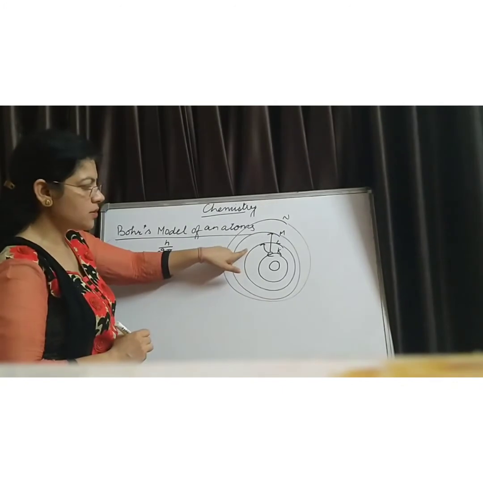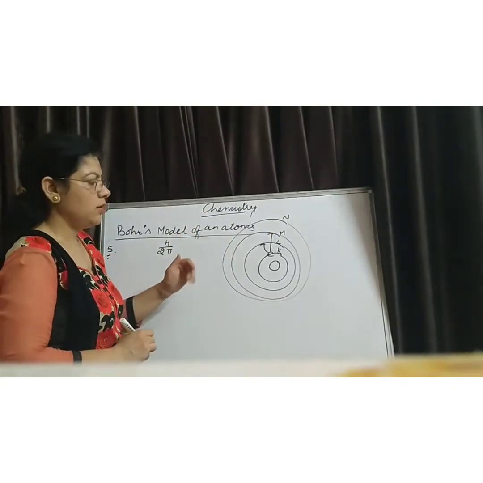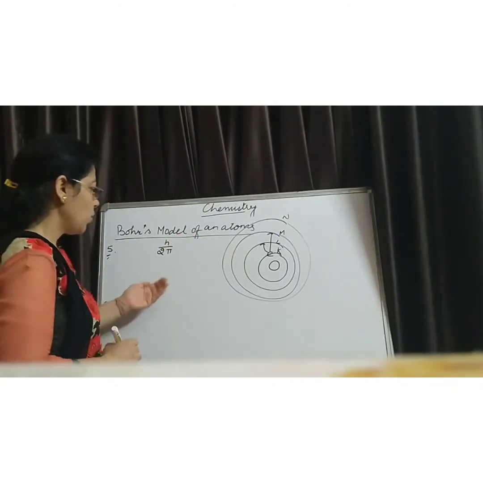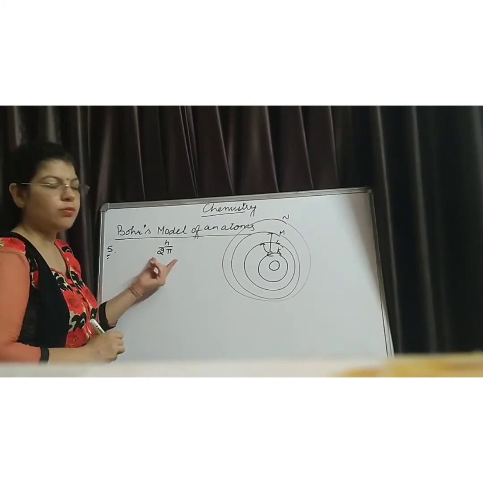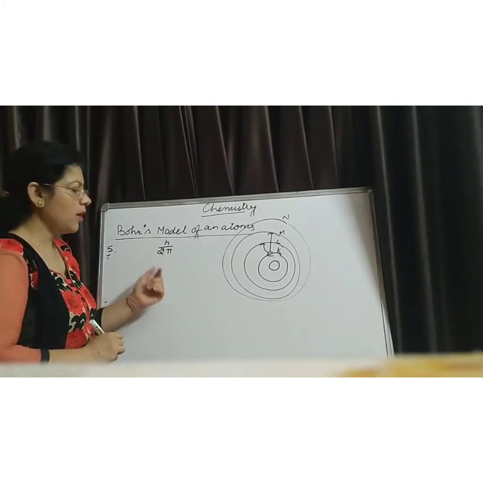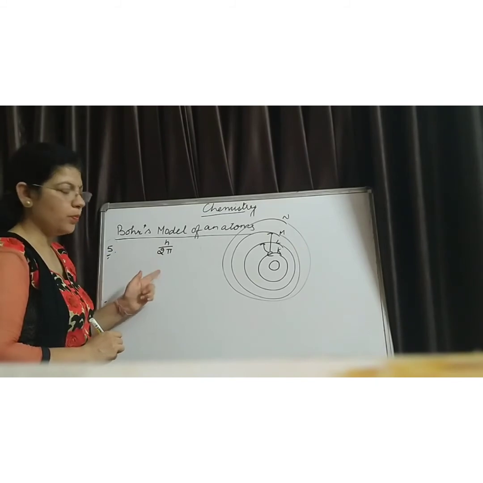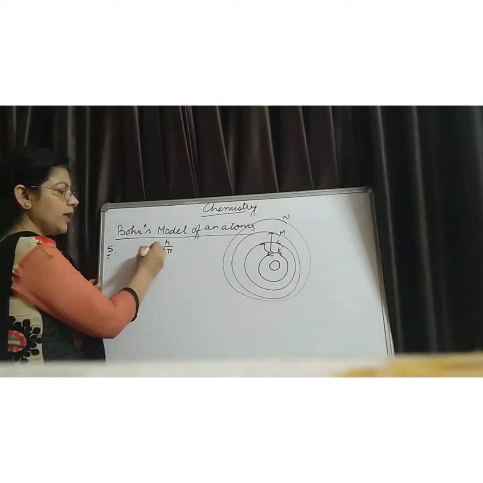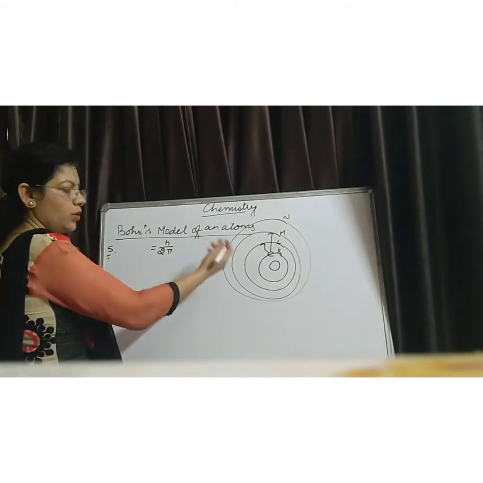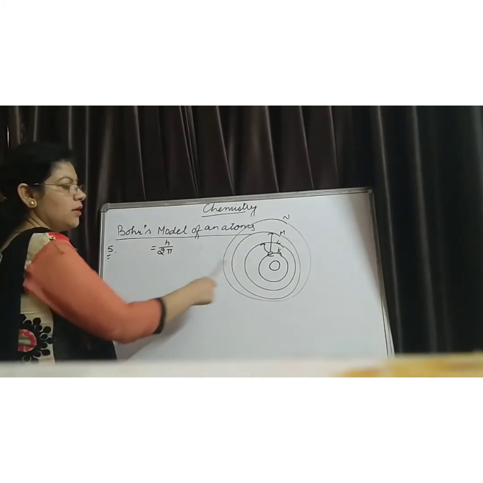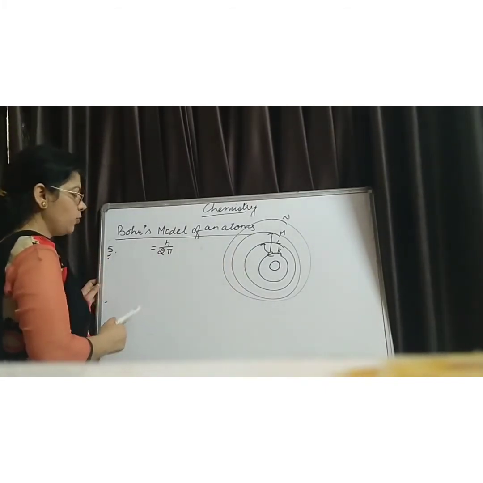Only those orbits are permitted around the nucleus which are having angular momentum an integral multiple of h by 2 pi. And how do we calculate the angular momentum for the electron?